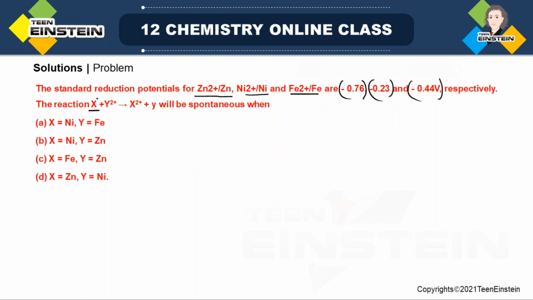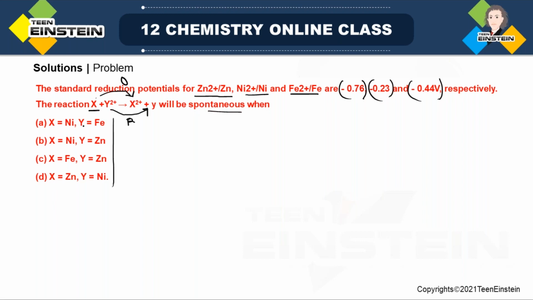X is oxidized to X2+ and Y2+ is reduced to Y. So this is reduction, this is oxidation. This reaction will be spontaneous for which of these combinations? That we have to predict. And this is a single choice answer, so only one of the options will be correct.